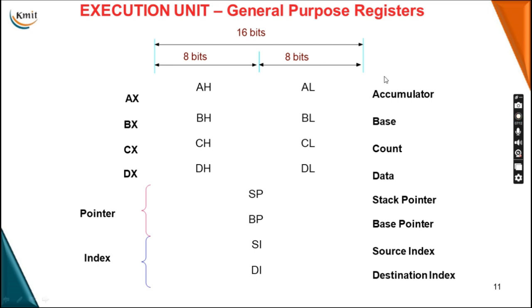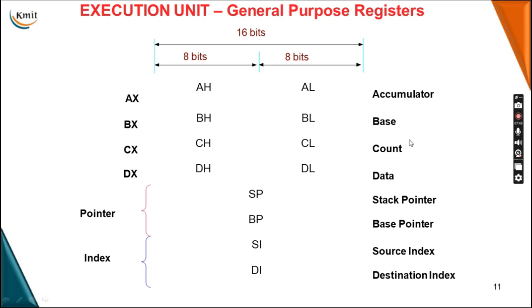We have four general purpose registers, which are the accumulator, base register, count register and data register. The accumulator is the first register, then the base register, count register and data register. These four are general purpose registers, and they are 16-bit registers.